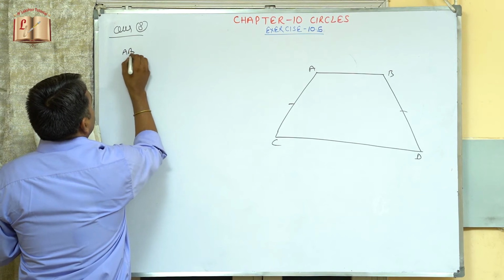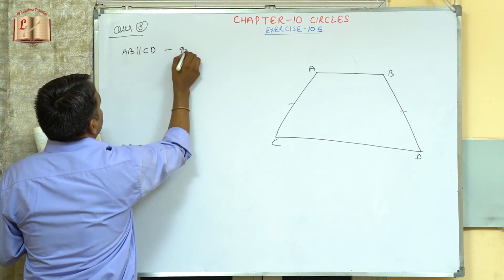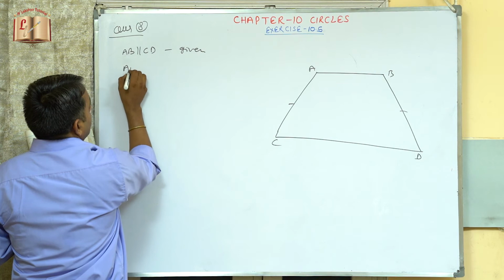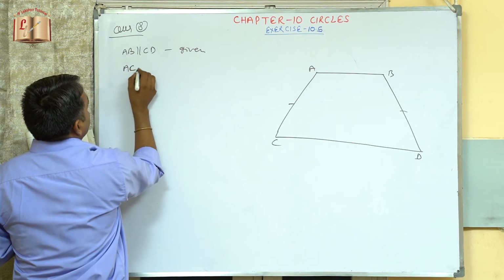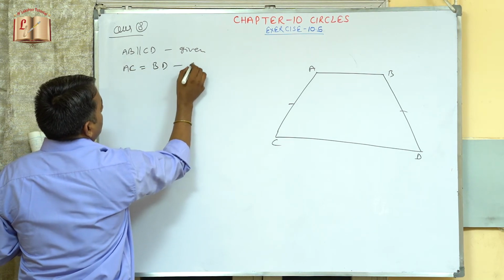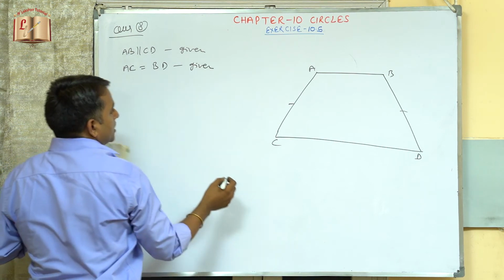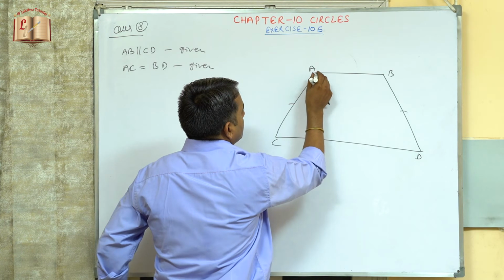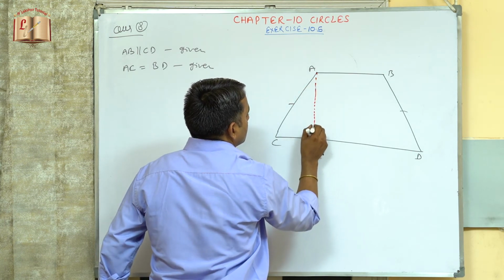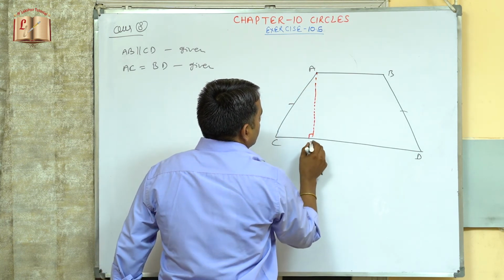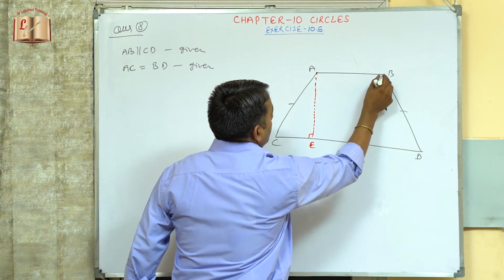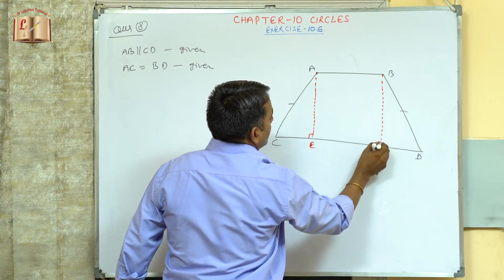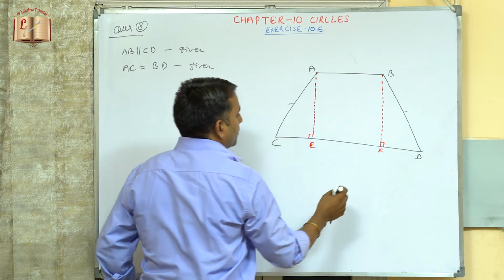So AB is parallel to CD, this is given to us, and AC is equal to BD, this is also given to us. So first of all, we will draw the perpendiculars to this. Suppose this is now point E and another perpendicular from this side, this is now point F.